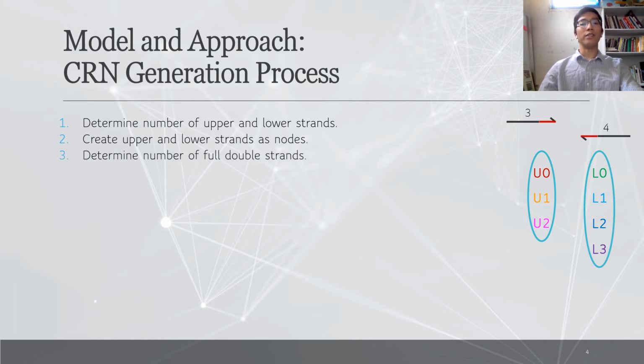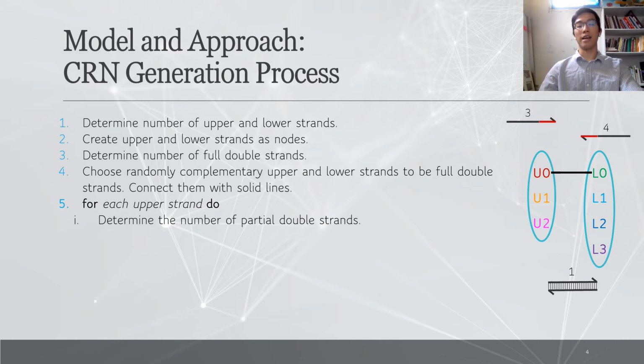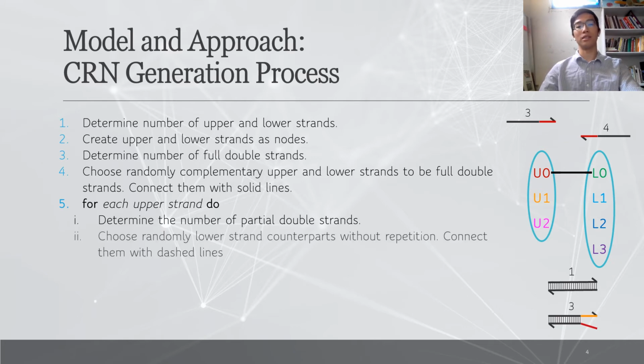Third, we determine the number of full double strands. In this case, I'm going to say it's 3 from our random generator. Next, we choose an upper and lower strand to become the full double strand, and we connect them with solid lines. In this example, it's going to be U0 and L0. So next, we take care of the partial double strands. For each of the upper strands, we determine the number of partial double strands, and our random generator gives us 3 for each of the upper strands.